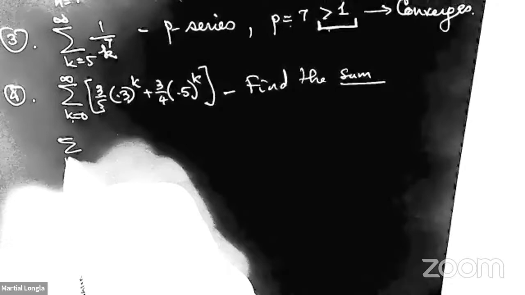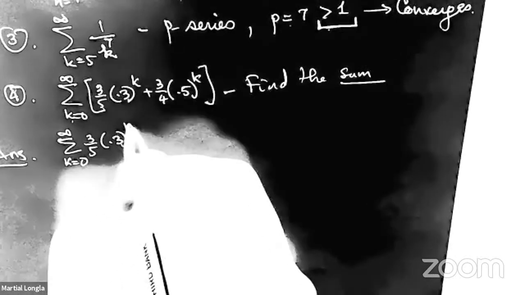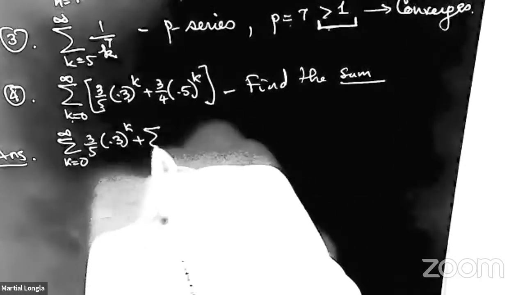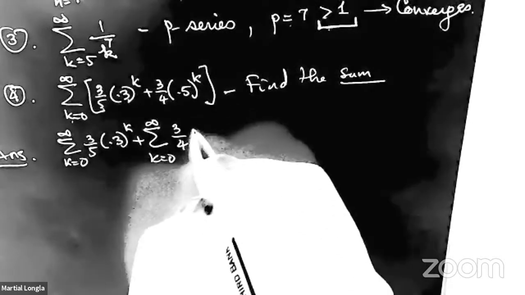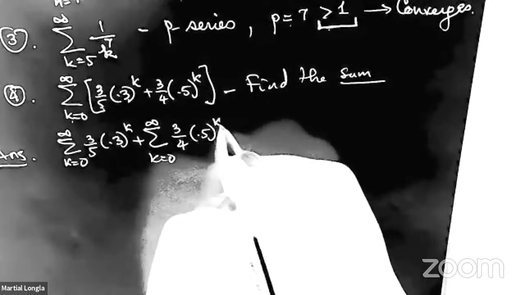So this is the sum from k equals 0 to infinity of 3/5 times 0.3 to the power k, plus the sum from k equals 0 to infinity of 3/4 times 0.5 raised to the power k.